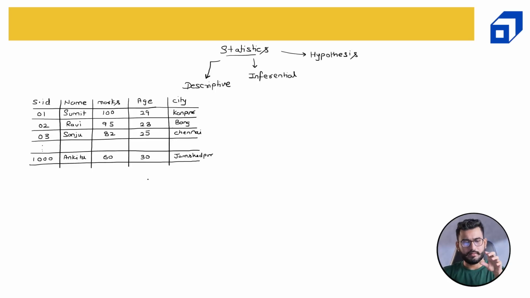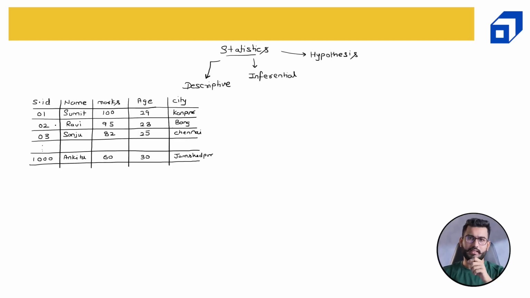Okay. Now, given this particular data, we have to understand this data. If your manager, or maybe the principal of a particular school, is asking you to summarize this data, you will not be able to provide the information regarding each student, right? You will not go to your principal or the head of the school to explain that, okay, we have Sumit, we have Ravi, we have Sanju, we have Ankita.